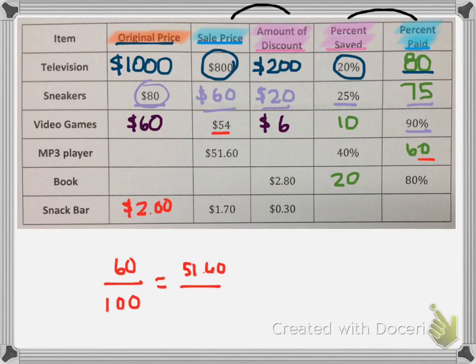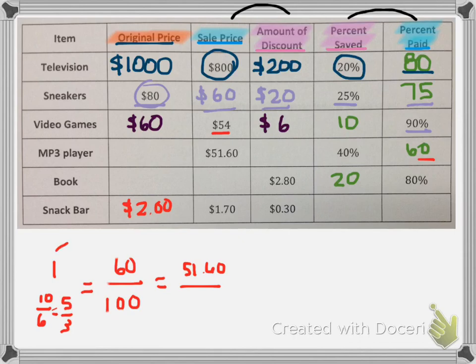Well, if I divide by 60, if I downscale this, let me get my pen back. If I downscale this, 60 divided by 60 is 1, and 100 divided by 60 is, well, it's 1 and 2/3, or 10/6, which is really 5/3. So my bottom number is 5/3.